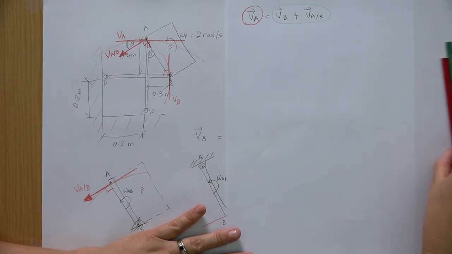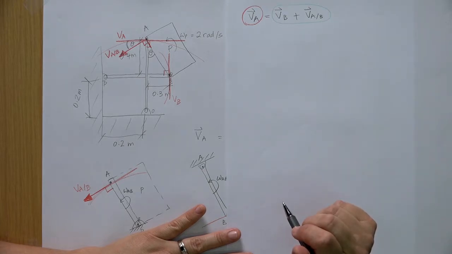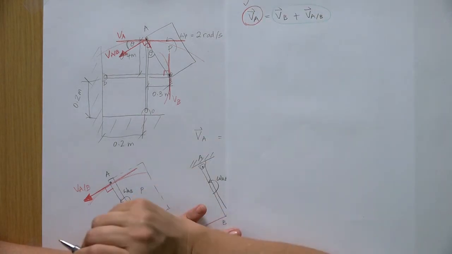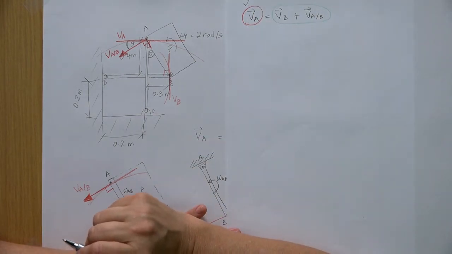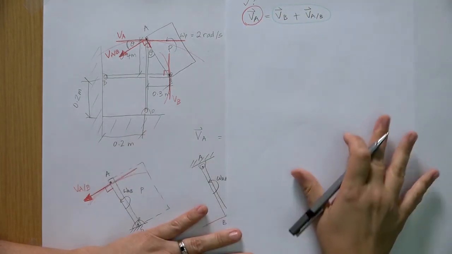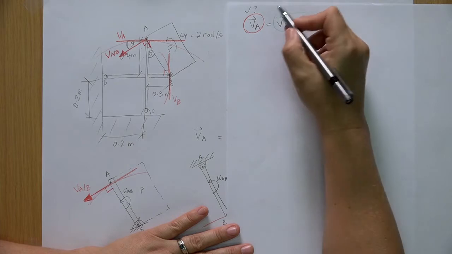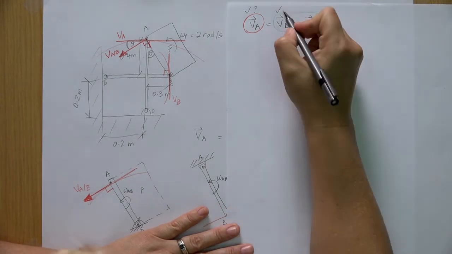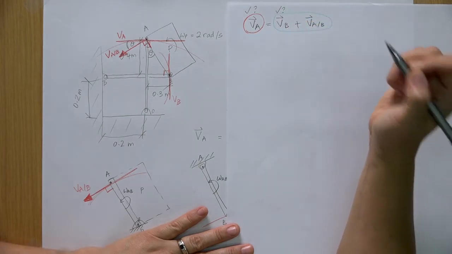So let's identify what we know and what we don't know in this equation. We know the direction of VA. We know it's horizontal. We don't know the magnitude. We know the direction of VB. We know it's vertical, but we don't know the magnitude.